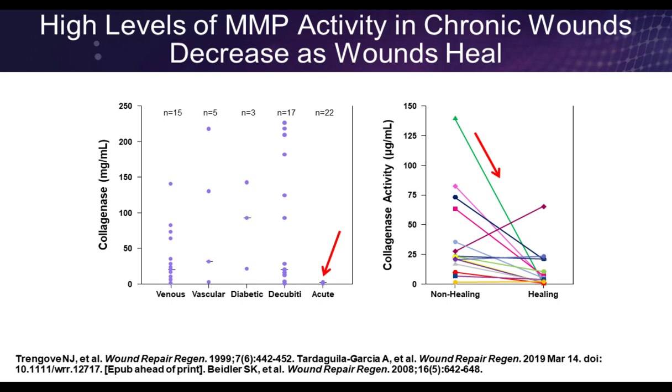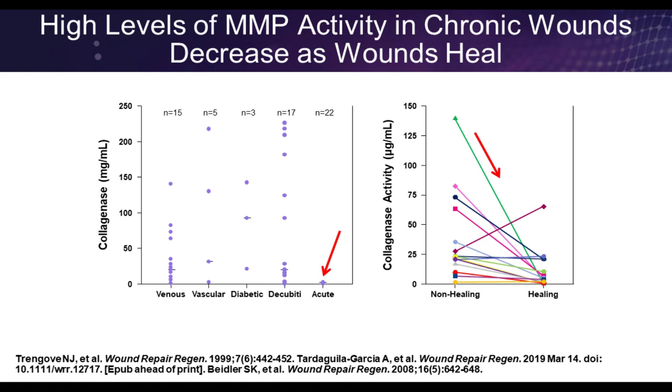In contrast, you can see that wound fluids collected from multiple patients with all of the major classes of chronic wounds actually on average have about 50 times the concentration of active collagenase that we see in acute healing wounds. And in fact, if we measure the level of collagenase activity in non-healing venous ulcers as they come into a hospital or clinic, we see that the levels are very high and quite wide-ranging, up to even 150 times the concentration we would find in a healing wound.